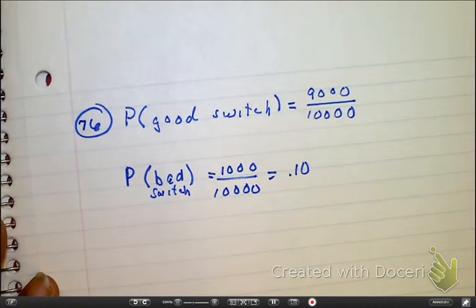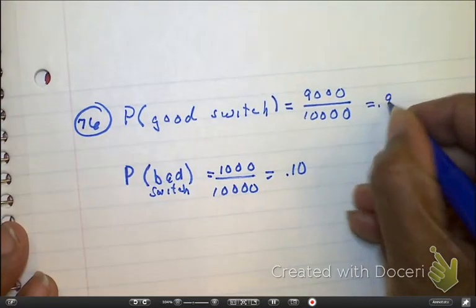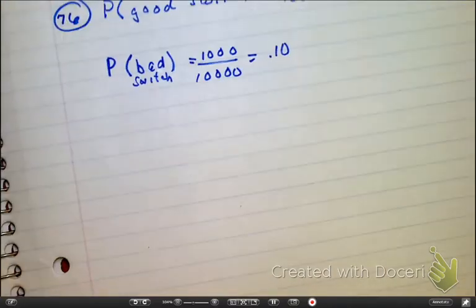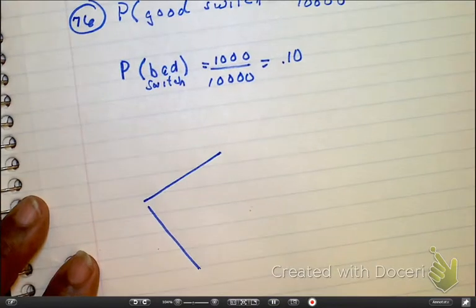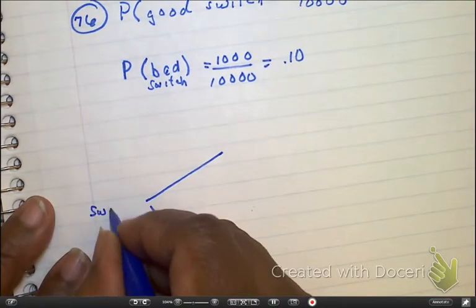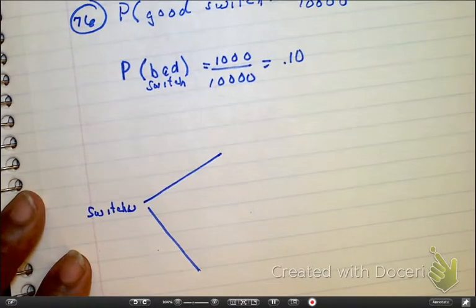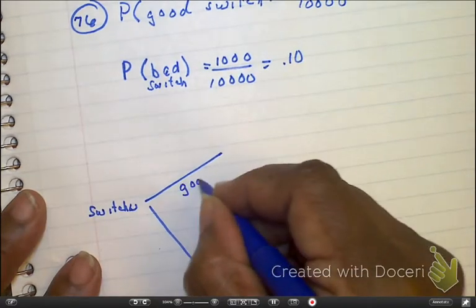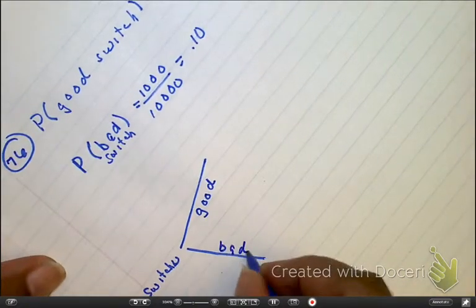And that's 90%. So as I draw my tree, I entitle this switches, and it's either a good switch or a bad switch.